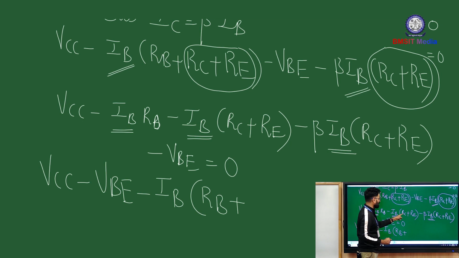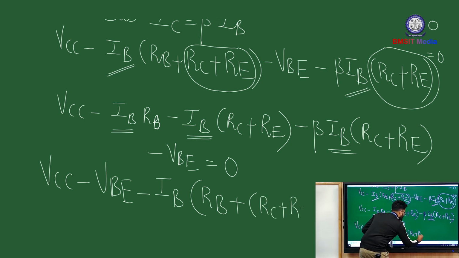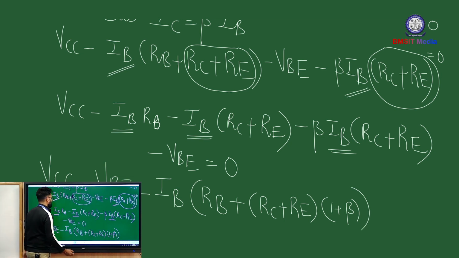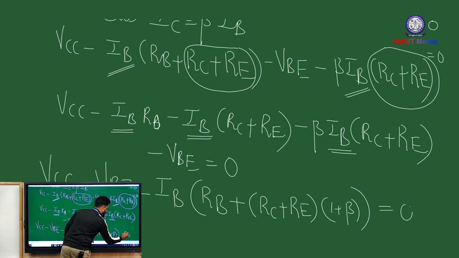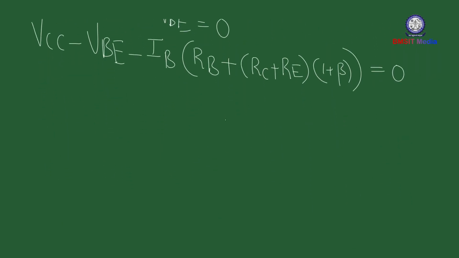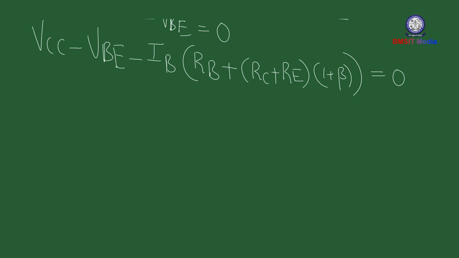So within the bracket I will be left with RC plus RE, and here also I have RC plus RE. So what you can do is further take RC plus RE outside the bracket, and within the bracket you will be left with 1 plus beta, and close the overall bracket. 1 plus beta is equal to 0. Okay. You may revisit the simplification if you have any queries.